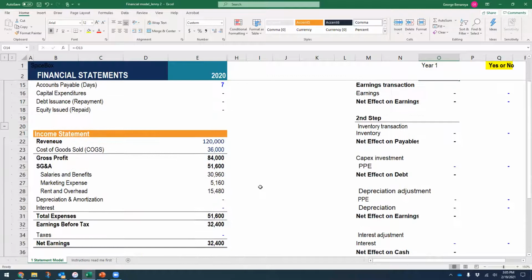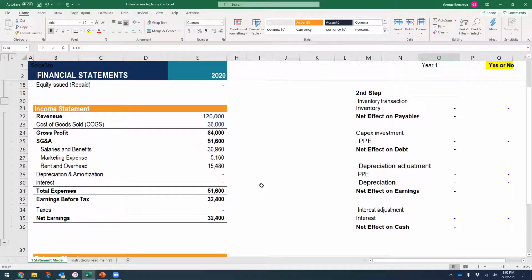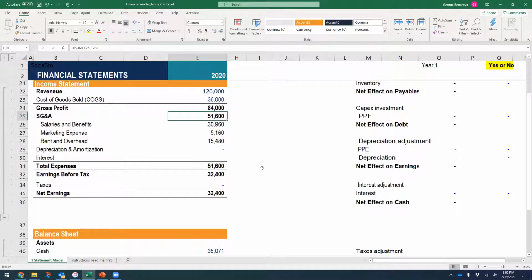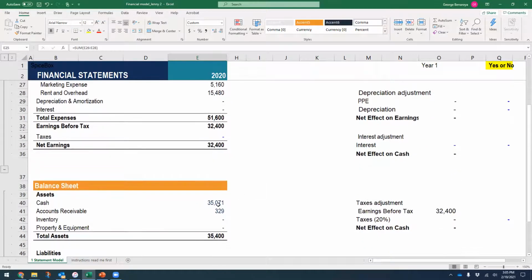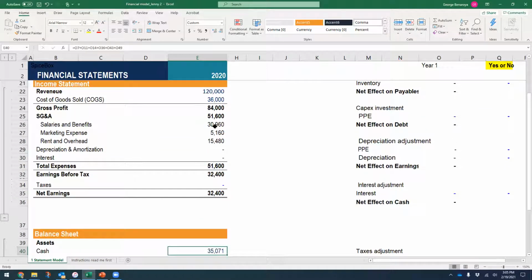So now the income statement reflects the SG&A expenses, and it also reflects that the cash has diminished by that amount. I have also allocated the SG&A among salaries and benefits, marketing expense, rent and overhead, and you can modify this if you want.